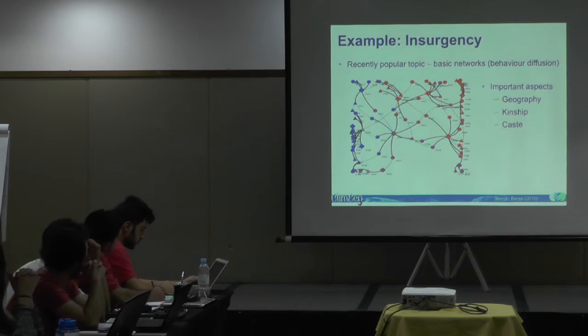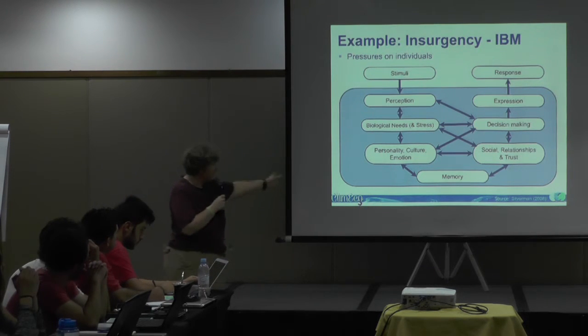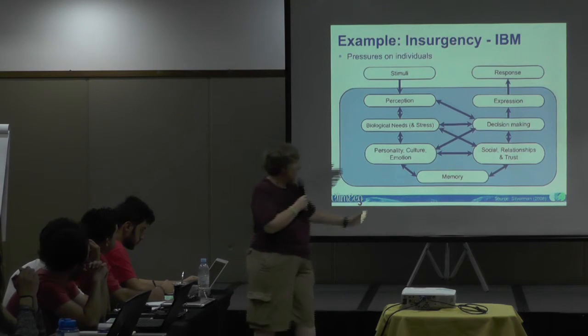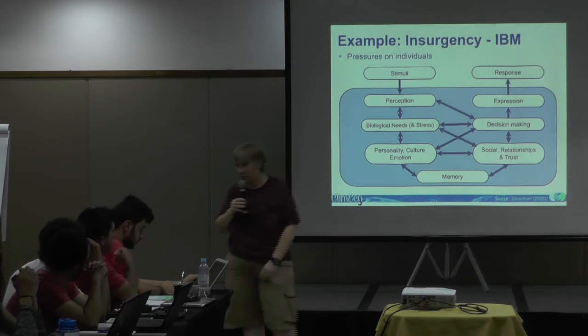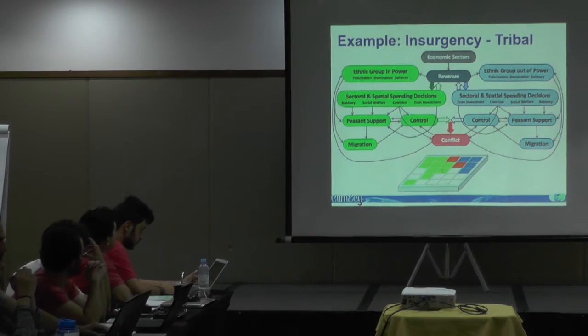And the way that these models work is that they have kinships and other ties that define them, but they respond to the stimulus, they have their perception of the situation, they have their cultural rules, they have a memory of what's happened to them before, and then they go back up the decision-making side to have their response. So then you have two different tribes in place, or the government versus the insurgents.